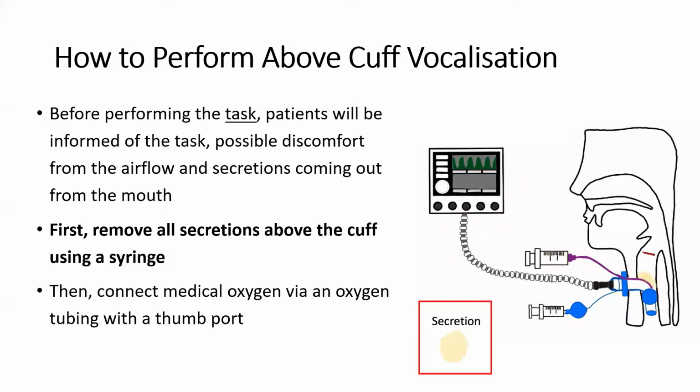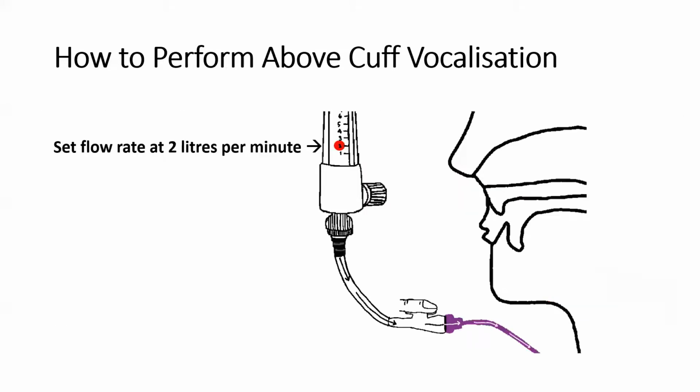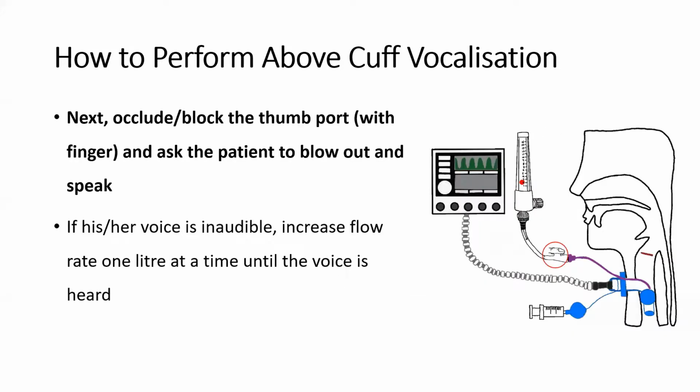First, remove all secretions above the cuff using a syringe. Then connect medical oxygen via an oxygen tubing with a thumb port. Set the flow rate at 2 liters per minute. Next, occlude the thumb port with your finger and ask the patient to blow out and speak.